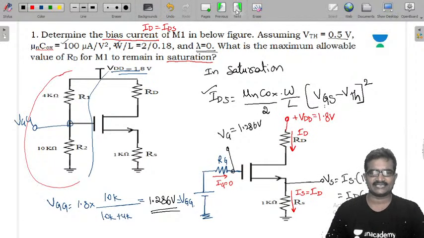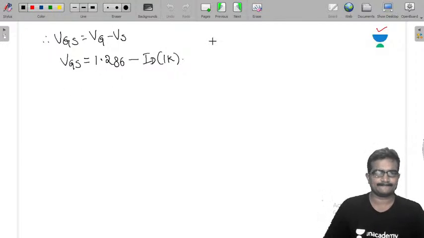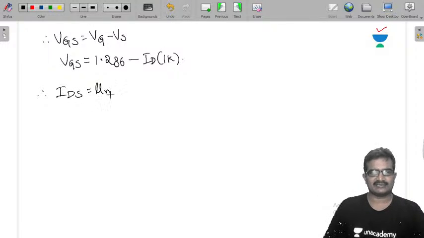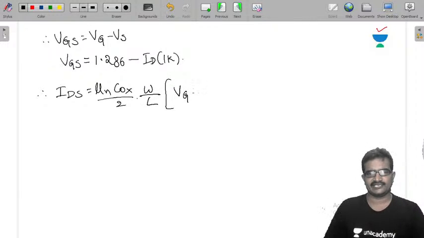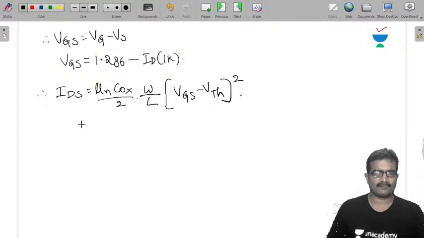Okay, now IDS is mu n COX by 2 into W by L into VGS minus VTH whole square. Substituting the value, it is better to take this as ID, no problem, then it is easy for us because here also I represented it as ID.